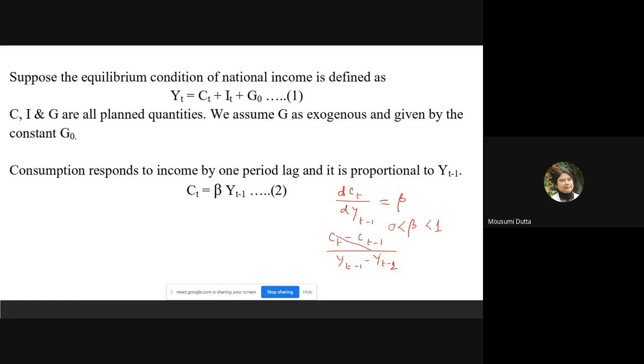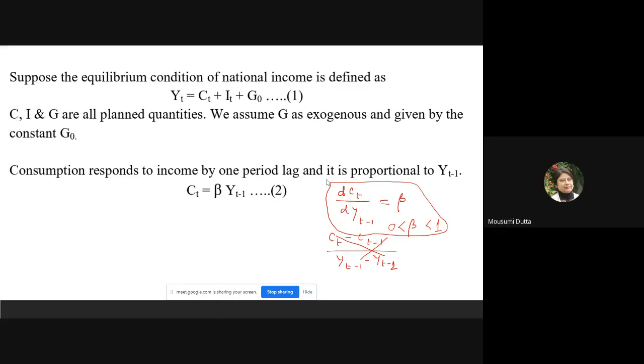However, to understand the matter, in general, time is continuous, and while you do your macro, you learn beta as the marginal propensity to consume. So in general, this idea is with you. You have the idea that this beta is nothing but change in consumption due to change in income. Am I right? You have the notion of marginal propensity to consume? Yes, ma'am.